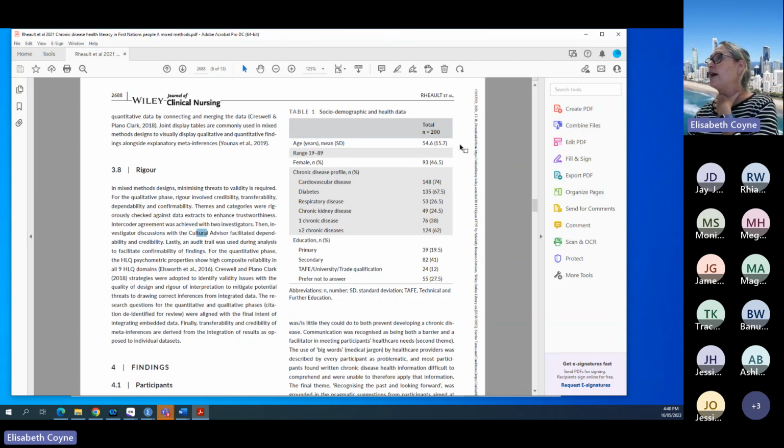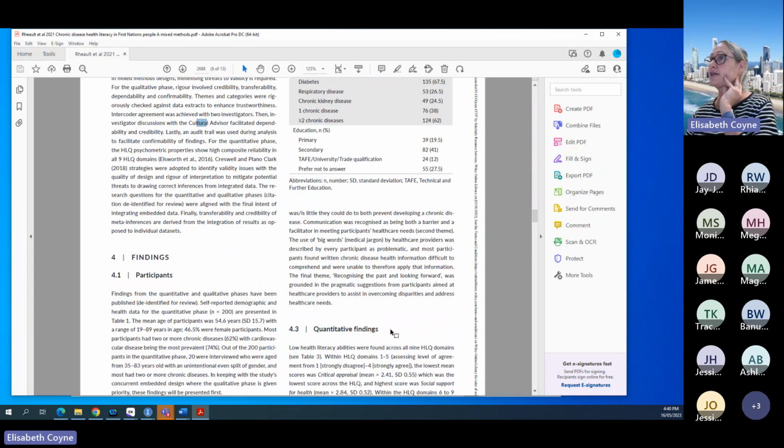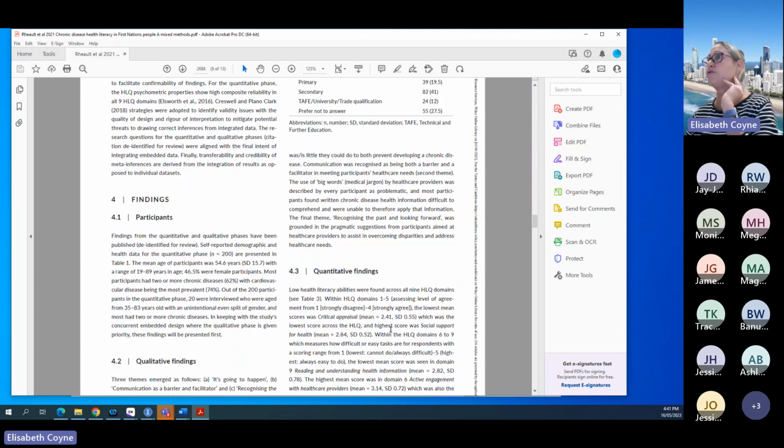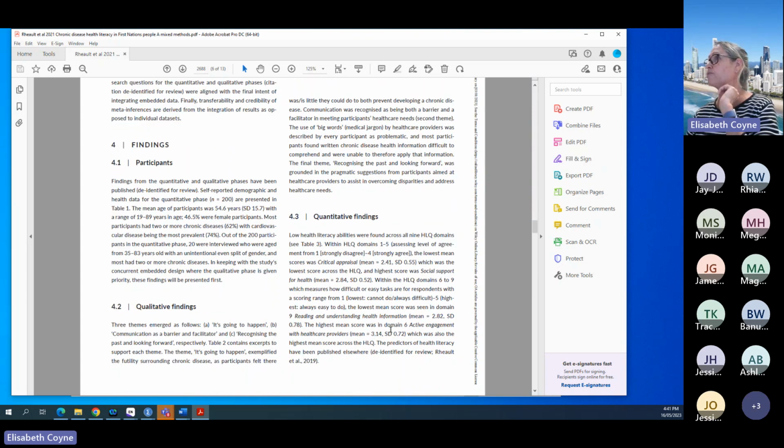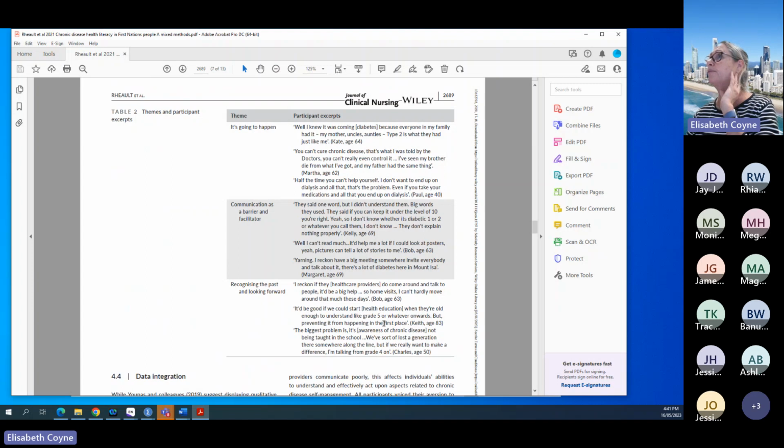This is their age range, so 54. You could then identify and say, is this appropriate for First Nations people with chronic disease? It's fairly young, but if you find it with the Australian Health and Welfare, that would be quite appropriate.